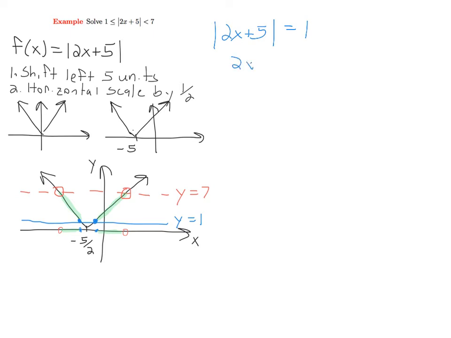And so this would be solved by figuring out when is 2x plus 5 equal to 1, or when is 2x plus 5 equal to -1. And so we can solve that by subtracting 5 from both sides and then dividing by 2, and that would give me one solution over here where x is equal to -2, and a solution over here where x is equal to -3.